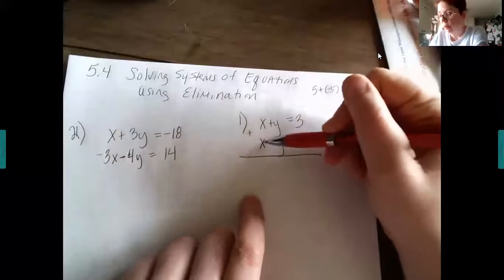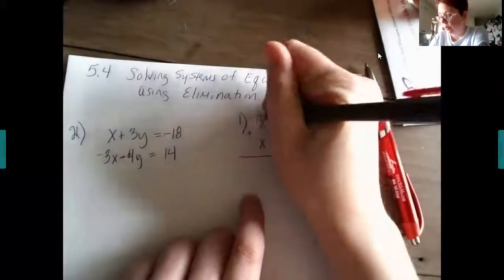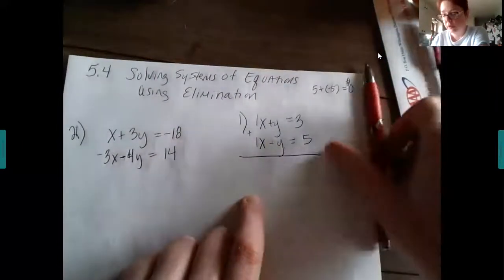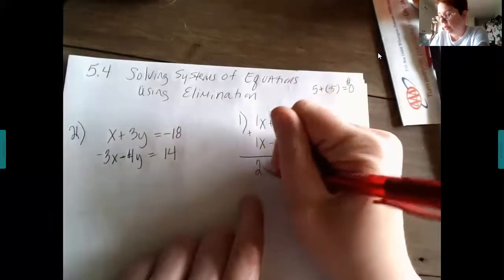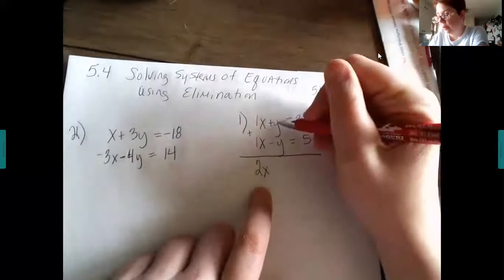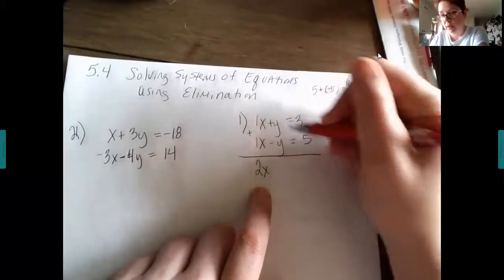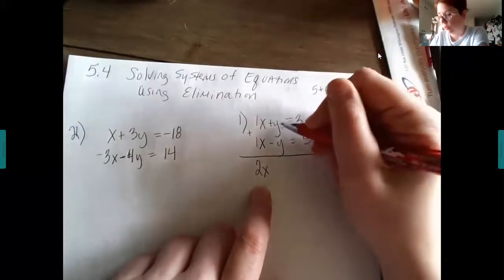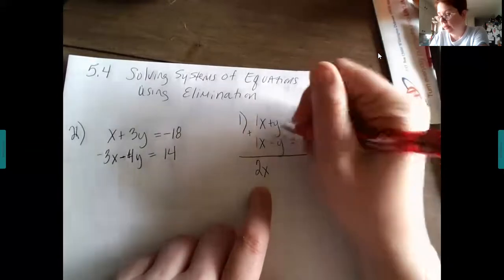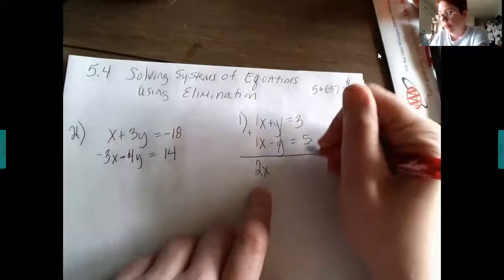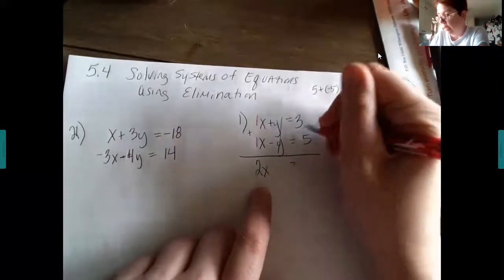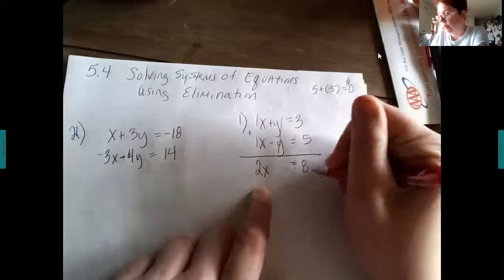So again, no number in front of these x's, but I can put a 1 in front of both. So 1x plus 1x gets me 2x. Here I have a positive y and I have a negative y. So since one's positive, one's negative, if I add these two together, they get eliminated. And that's what I want. I add these two numbers together and I get 8.